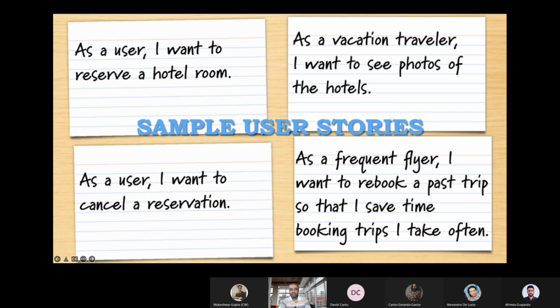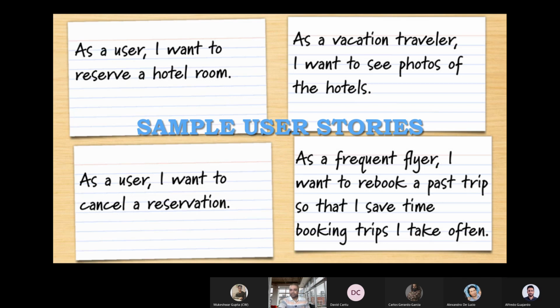A few examples: as a user, I want to reserve a hotel room. Very simple: as a, I want, and the reason. But when it comes to breaking it down, what the design is and so on is all left to the Scrum team, the development team, a technical thing. As a vacation traveler, I want to see photos of the hotels.